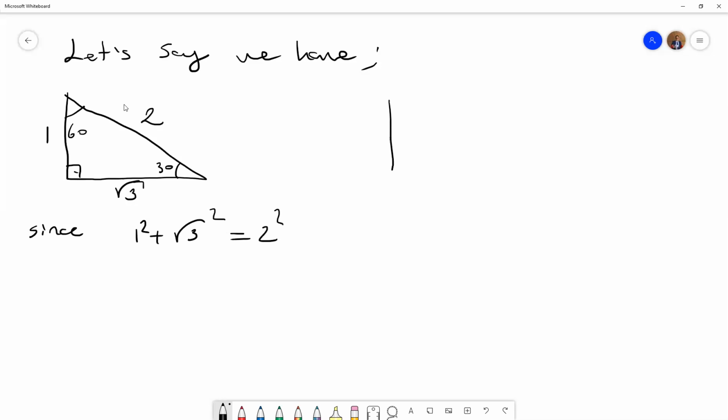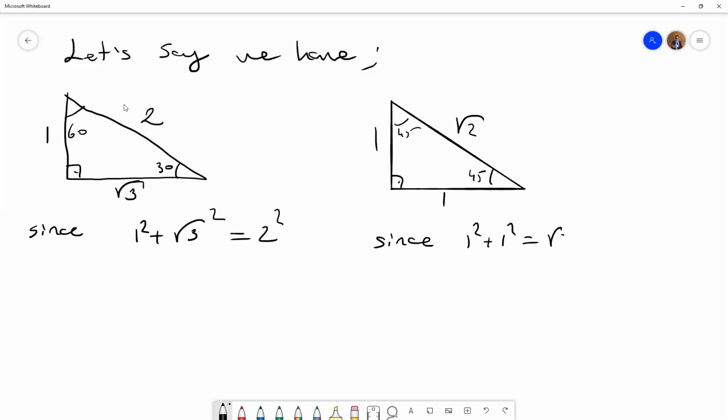And we also have another triangle, 1 and 1 and square root 2, and here 45 degrees and 45 degrees. It's easily seen that this is because 1 squared plus 1 squared is equal to square root 2 squared.